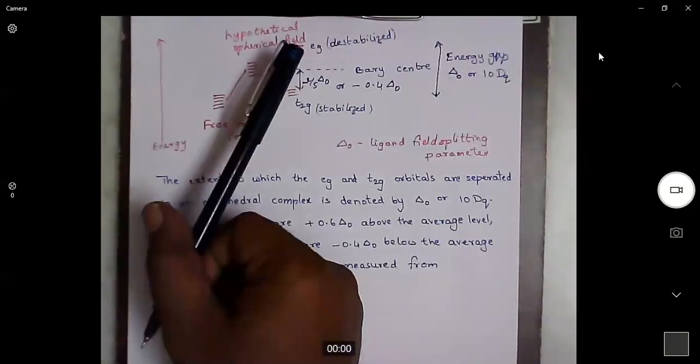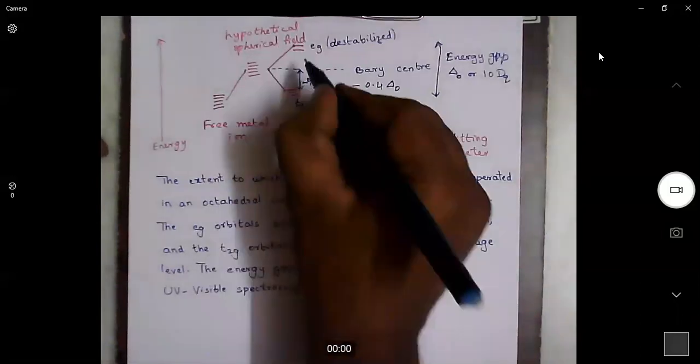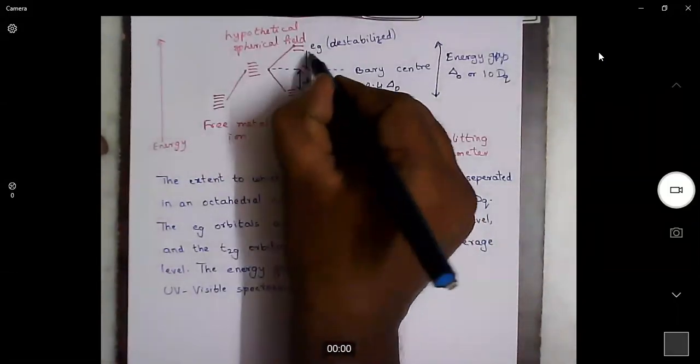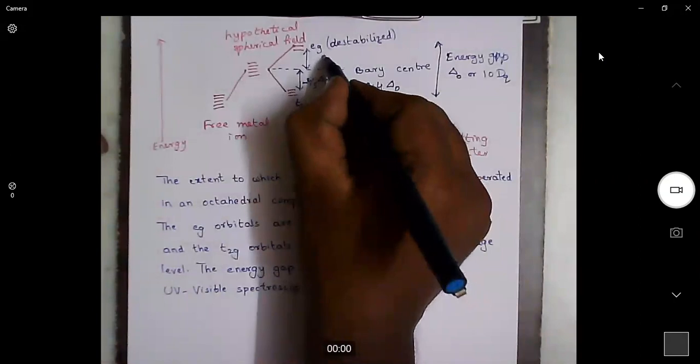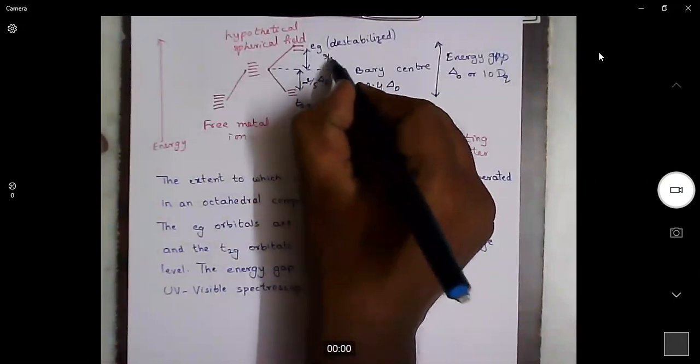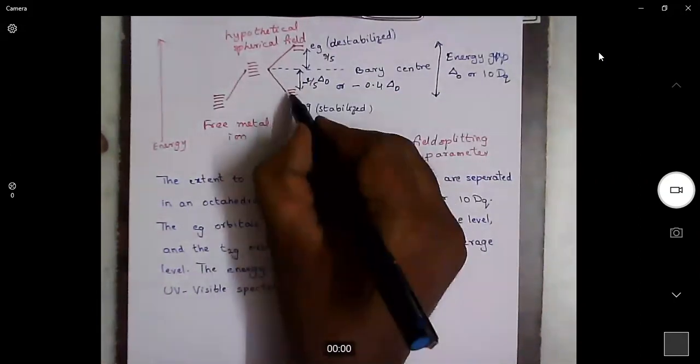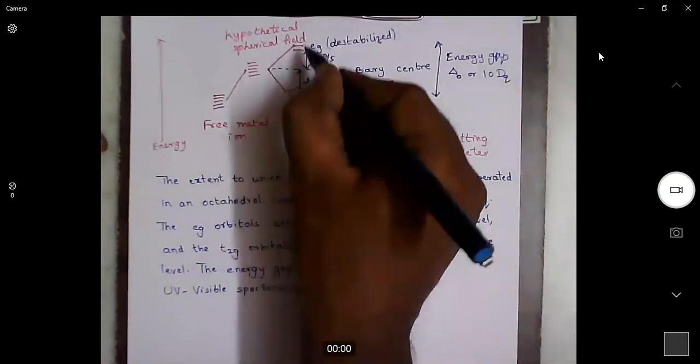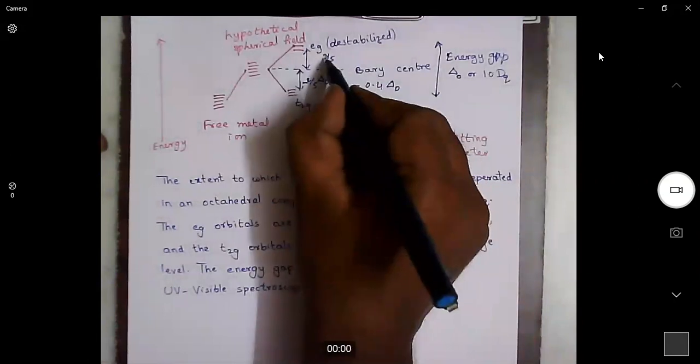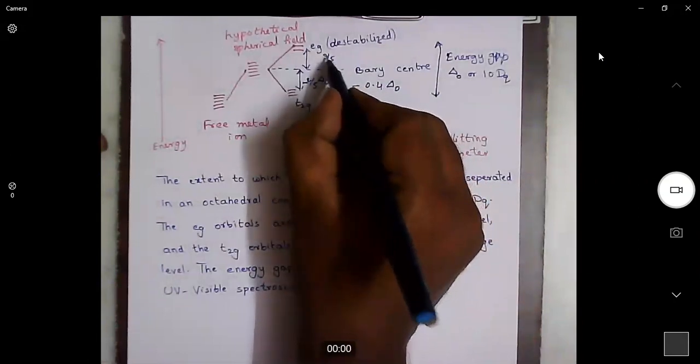Now, how much are the EG orbitals destabilized? They are destabilized by an amount equal to 3 out of 5. These 3 orbitals are stabilized, so by the same amount the others are destabilized, 3 out of 5.